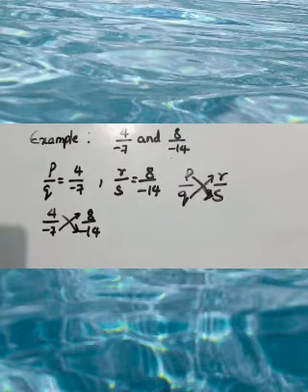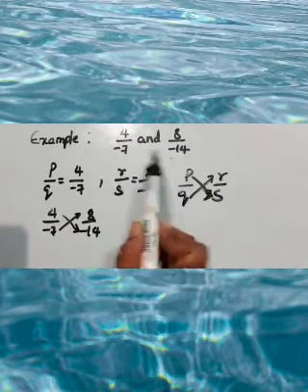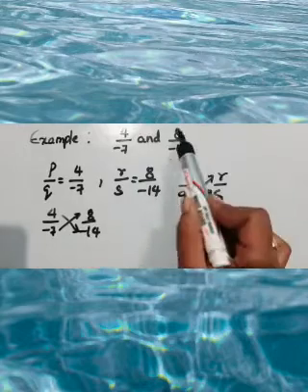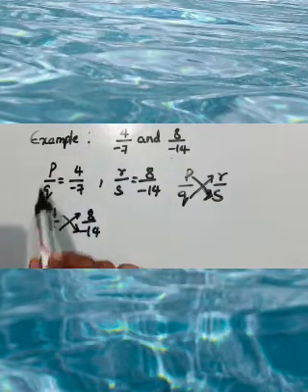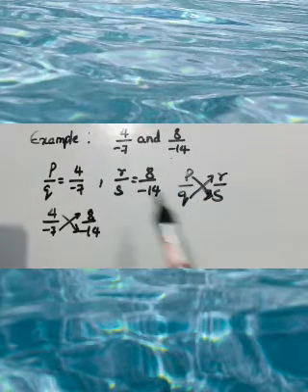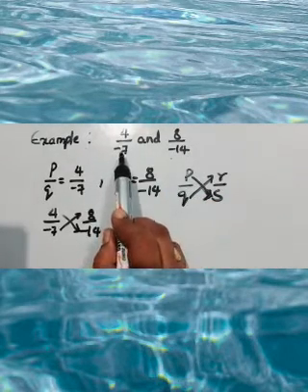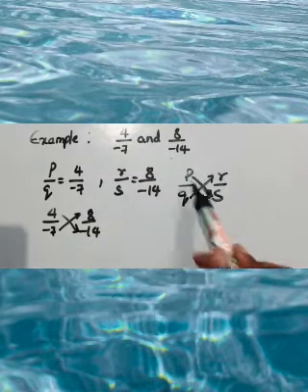Children, to understand the property better, here are the two rational numbers 4 by minus 7 and 8 by minus 14. First rational number, let it be p by q, and second rational number, let it be r by s. Here, to prove that the two rational numbers are equivalent, we have to cross multiply.